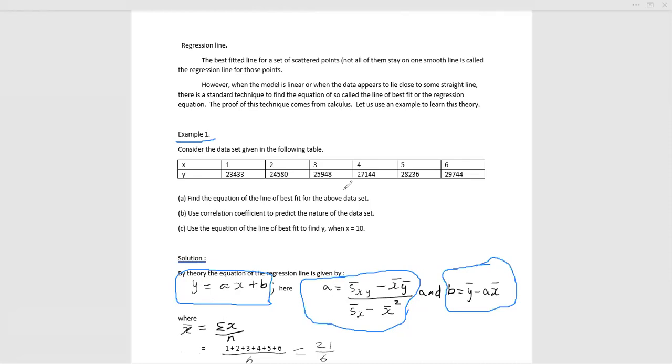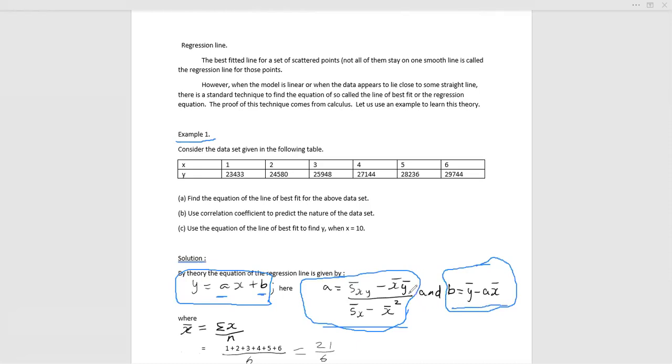Now, to find the regression equation, it is clear that we have to find this A and B. A is given by this formula with Sxy, and B is given by this formula.